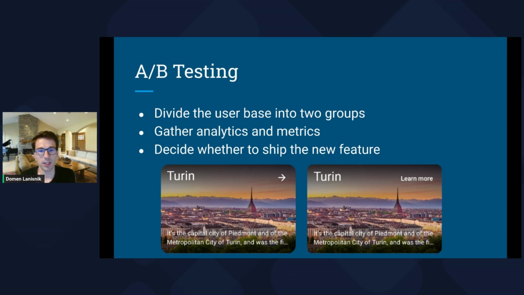And then once we gather enough analytics and metrics, we figure out that the group with the text button results in more clicks, and so we decide to ship the text button, right? And you can do this kind of mini experiments to improve your conversion rate and your business metrics. And a lot of the companies are doing just this.